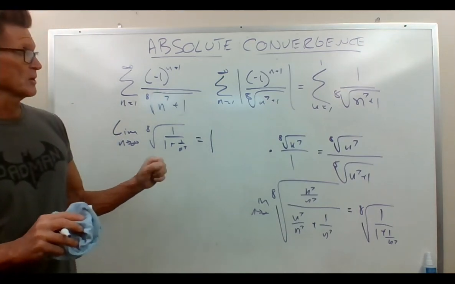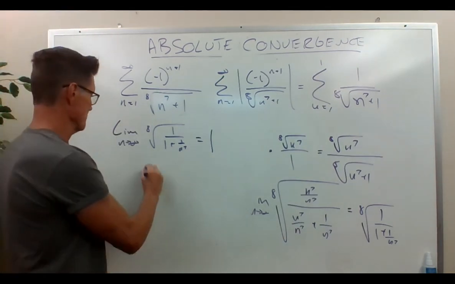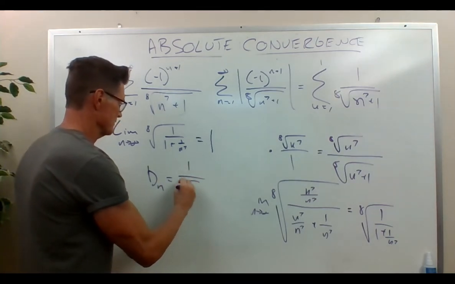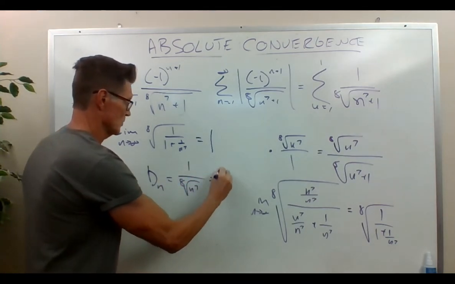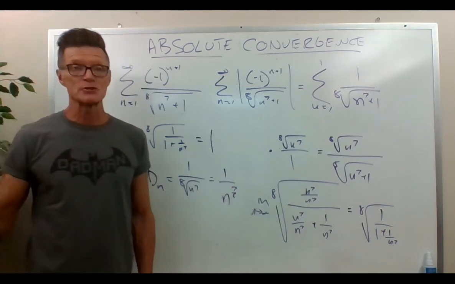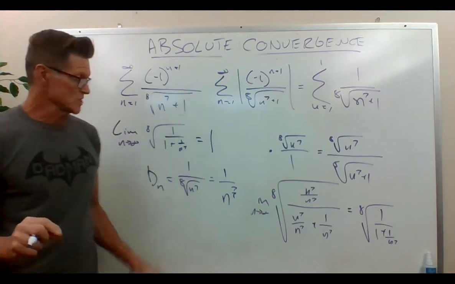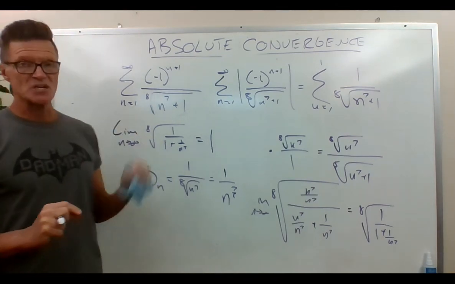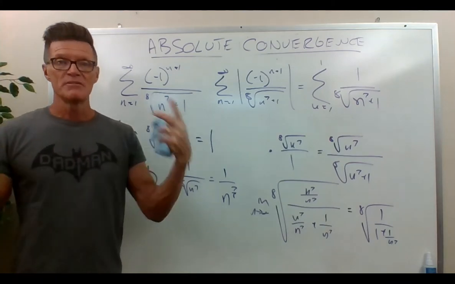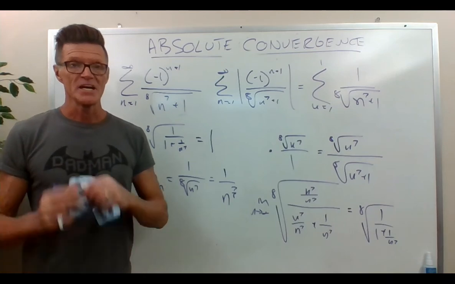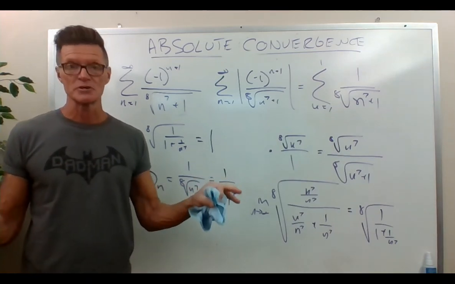Well, we already know that our comparison series, b sub n, which was 1 over the 8th root of n, which is the same thing as n to the 7/8, is a diverging p-series. So since the comparison series is a diverging p-series, and the limit is equal to 1, which is L, then our series diverges. It does not have absolute convergence.